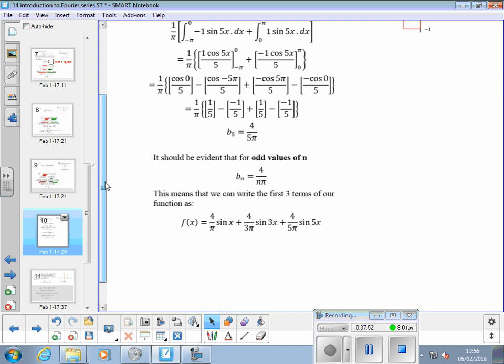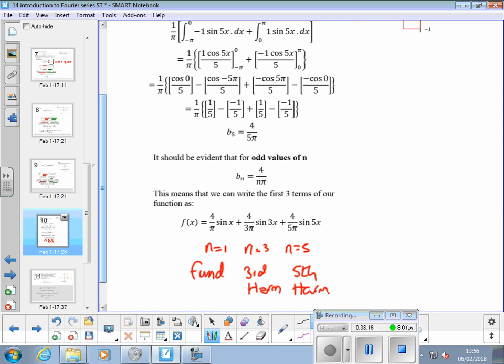So this is the n equals 1 term, the fundamental. This is the n equals 3, the third harmonic. And this is the n equals 5, the fifth harmonic. And now we know what the pattern is, we carry that on indefinitely and make it an indefinite series if we wanted to.